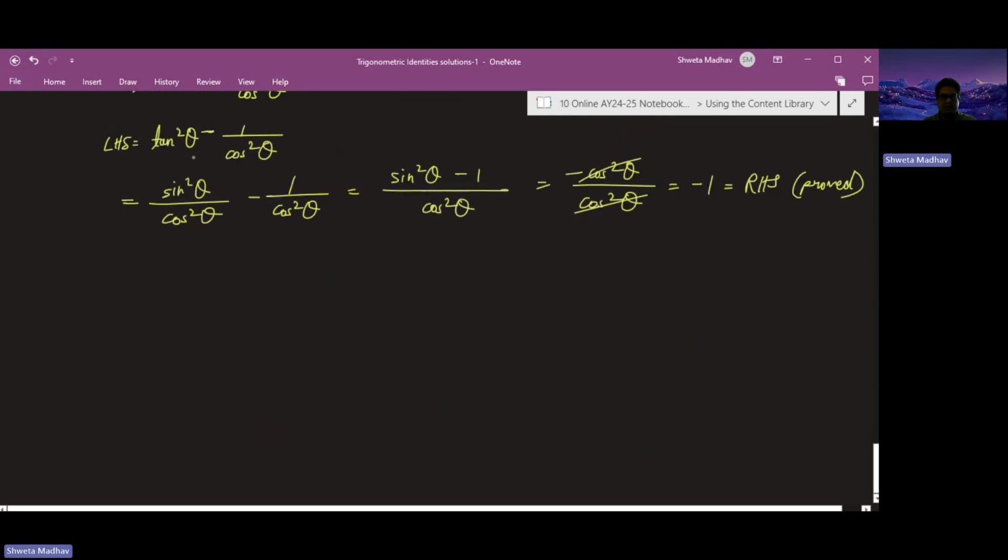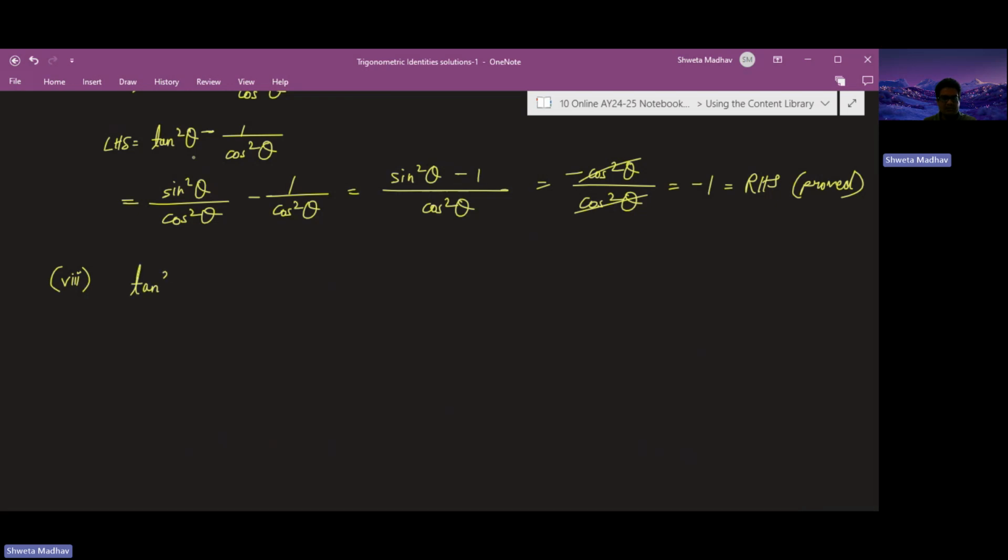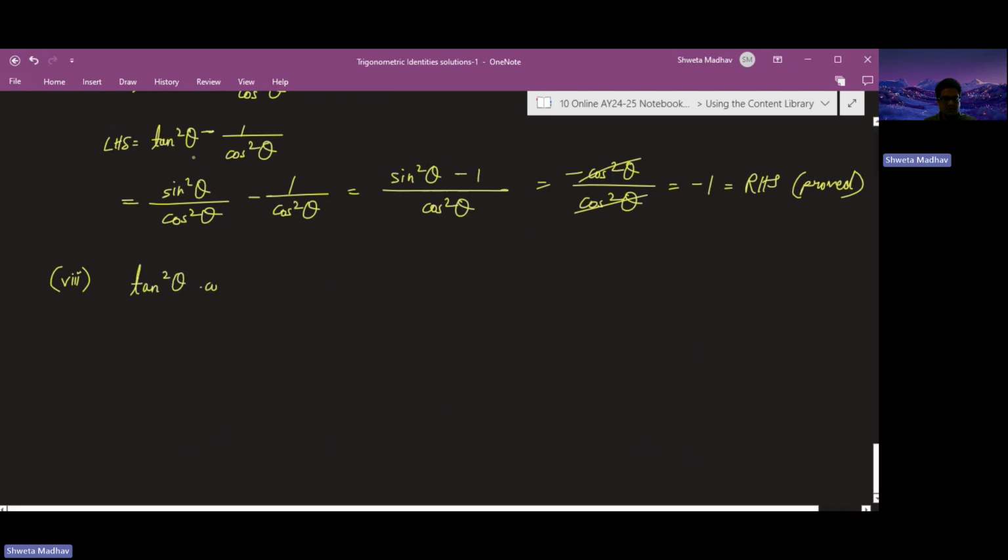Then in the eighth part, we have to show that tan square theta into cos square theta is equal to 1 minus cos square theta. So the left hand side is tan square theta into cos square theta.